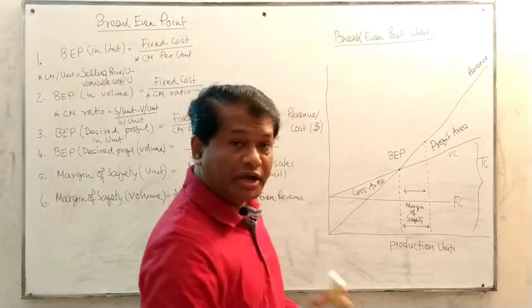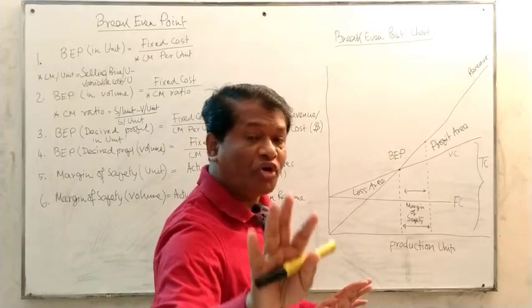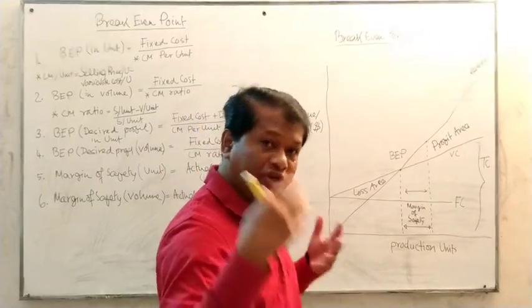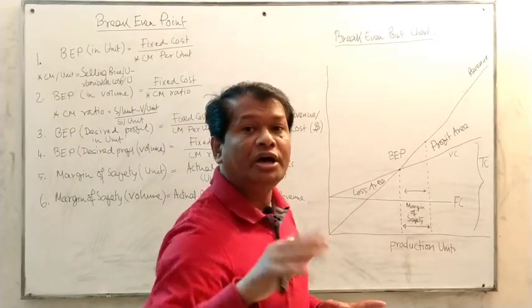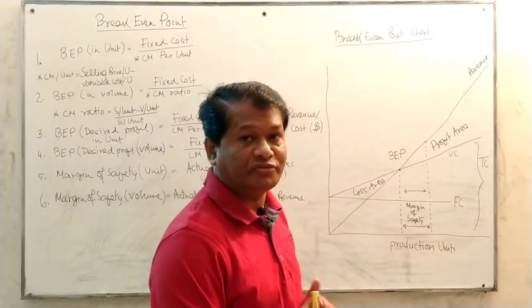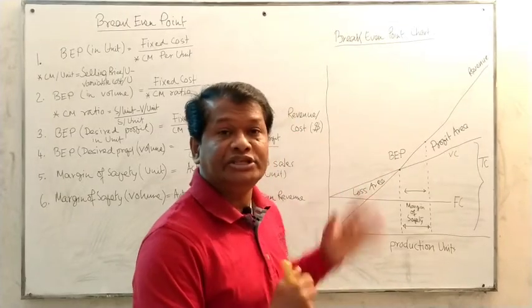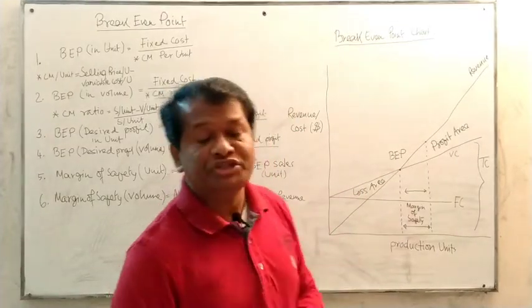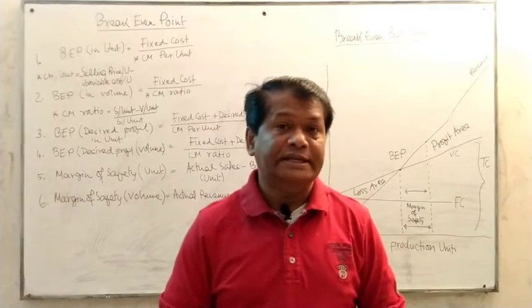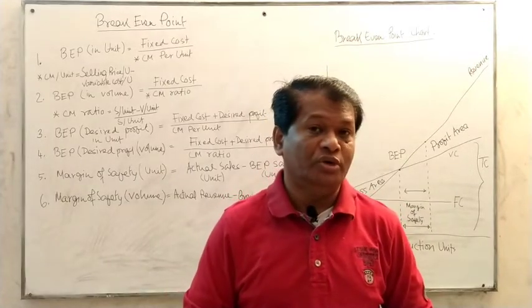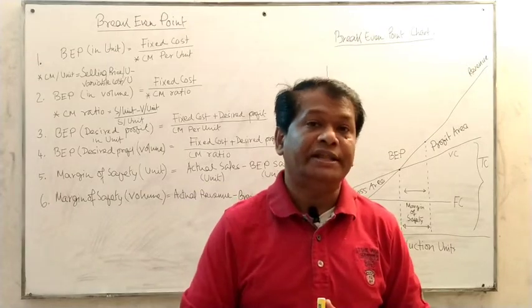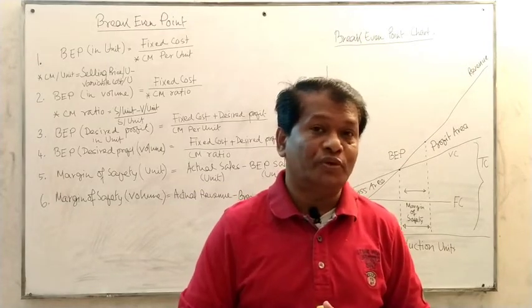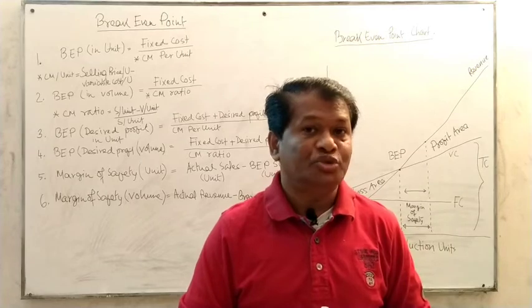If you produce fewer than 2000 units, then obviously you face a loss, and with more than 2000 units you start to make profit. So for the management accountant, it is very helpful if you or the businessman get from the beginning the number of units to be sold or the amount of sales to be made.